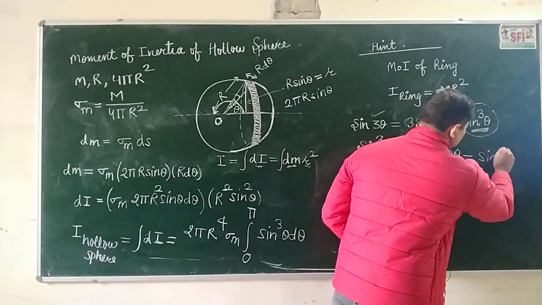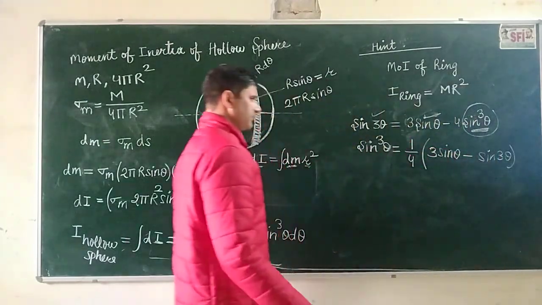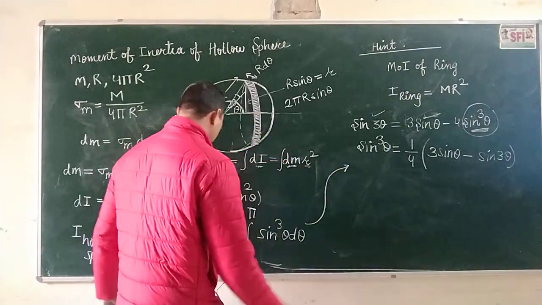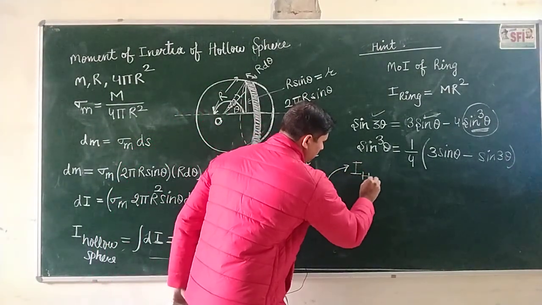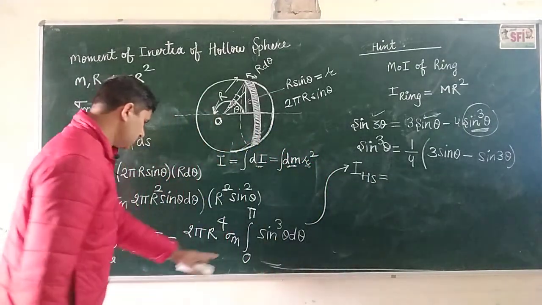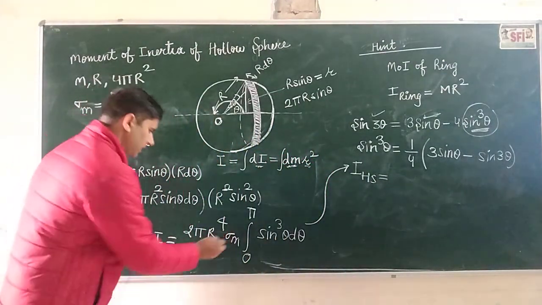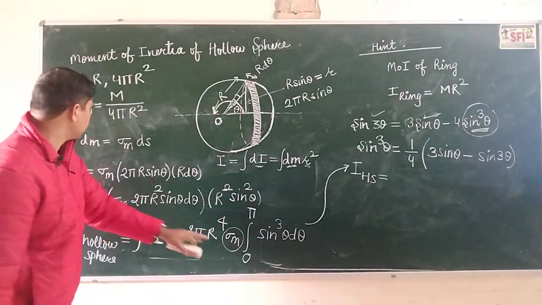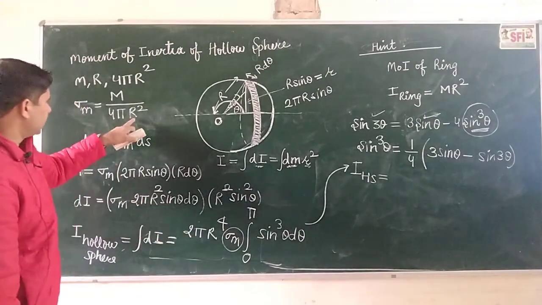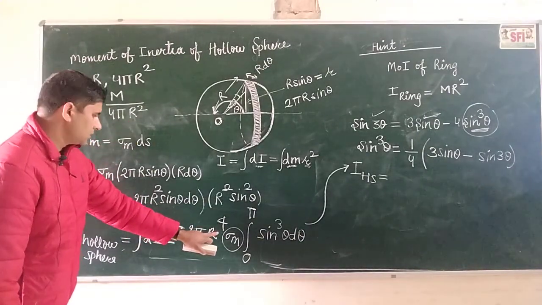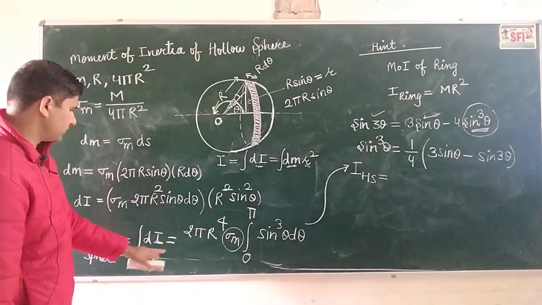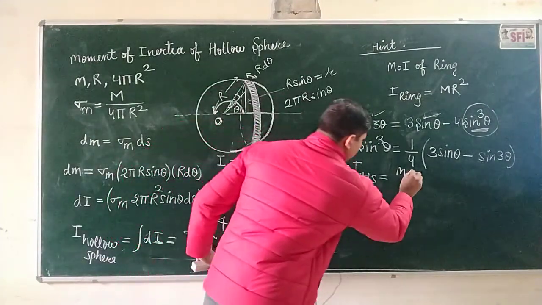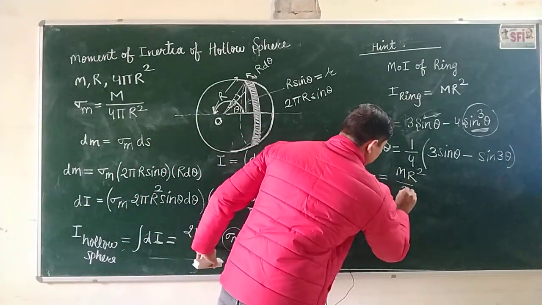If you substitute its value here, then you will get moment of inertia I of hollow sphere equal to these factors, and if you put the value of sigma m, this will be M by 4 pi r square. You will see here pi will cancel, and r raised to power 4 with r square, and you are left with capital M, then r square, divided by 2.